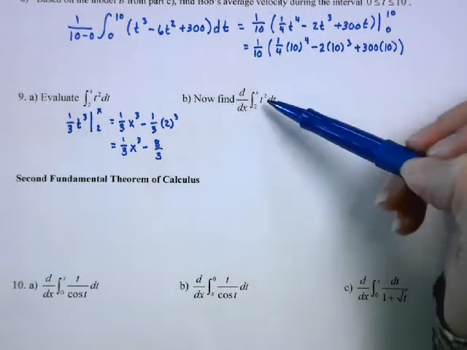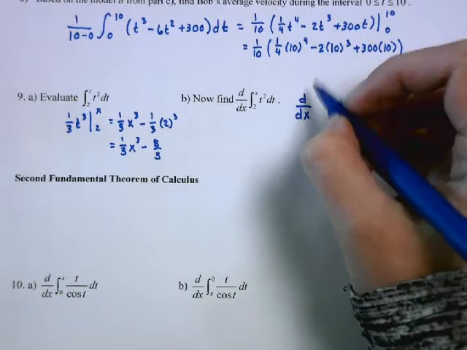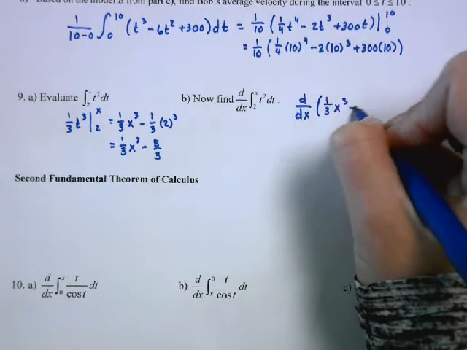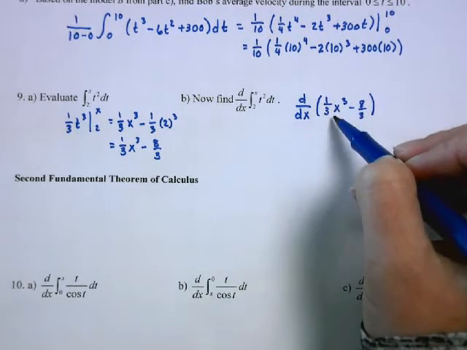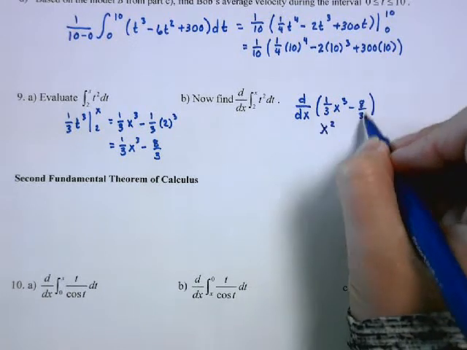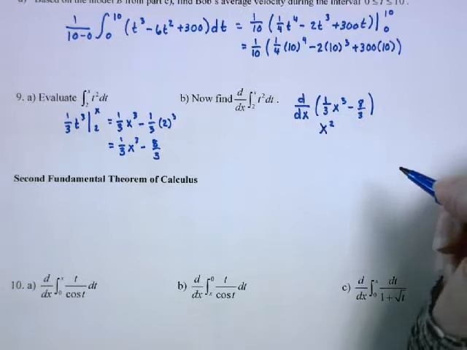Now I'm going to take the derivative of what we just found. So if I take the derivative of 1/3 x cubed, we get x squared. If we take the derivative of 8/3, we get 0.